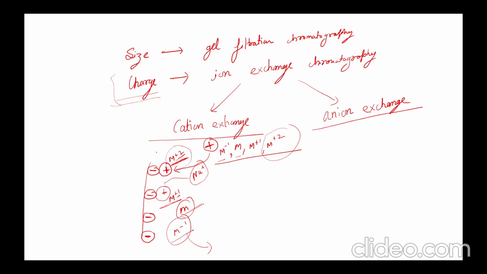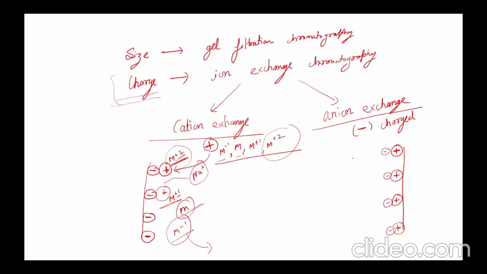So that is how you separate these cations, or positively charged ions, using cation exchange chromatography, and the opposite happens in anion exchange. In anion exchange your protein of interest will be negatively charged, and the matrix you have is positively charged, initially coated with negatively charged ions.